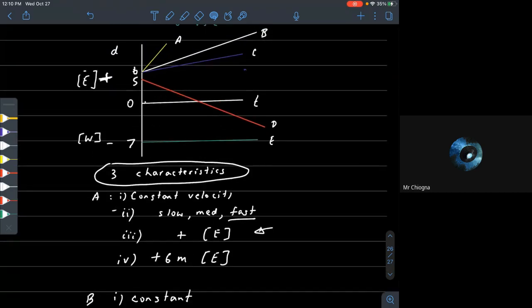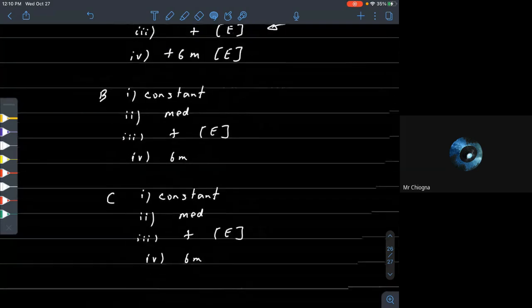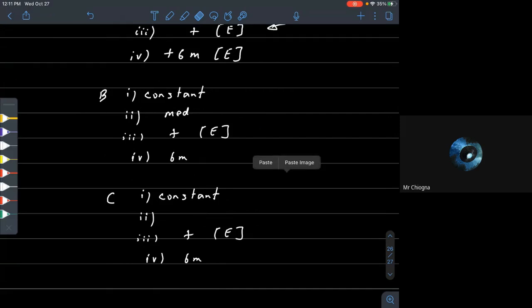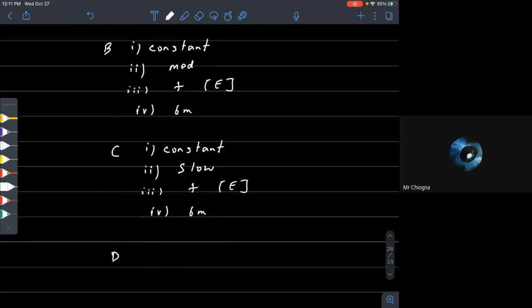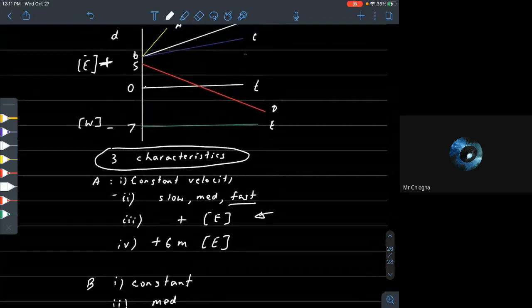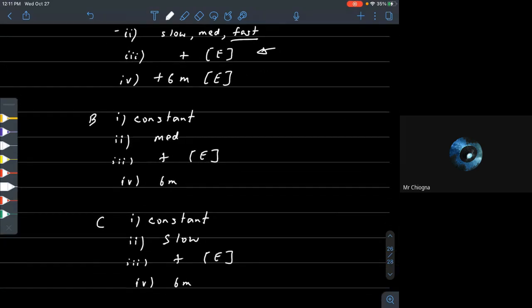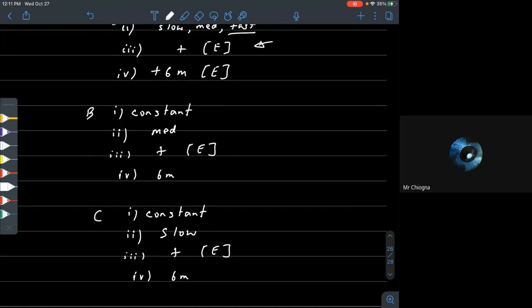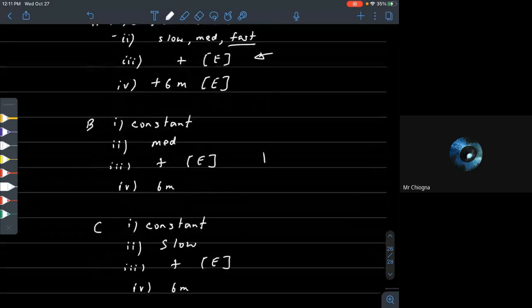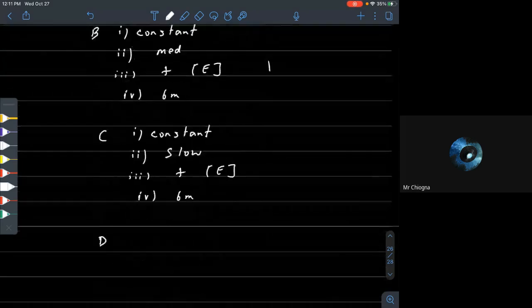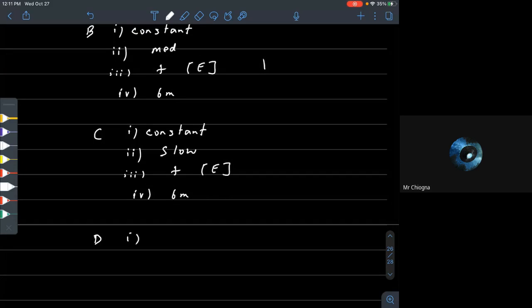Yeah, the purple line indicates a lesser slope, so you would indicate that with slow. D, I would change, starts at a different position. That's what stands out. Obviously, it's constant.